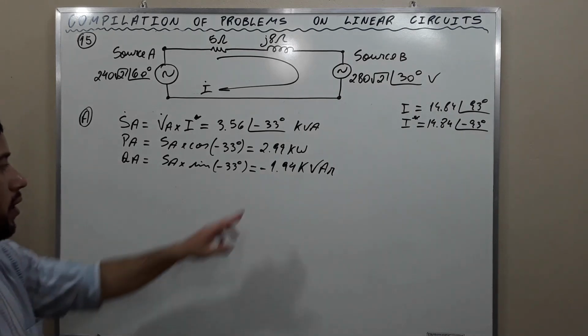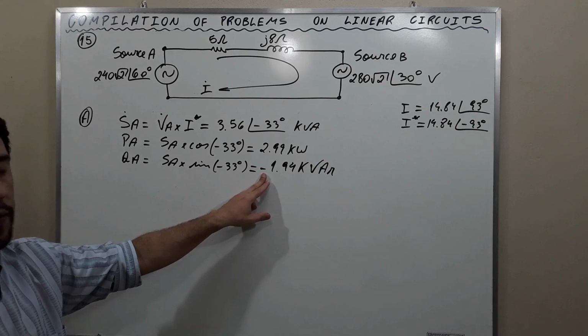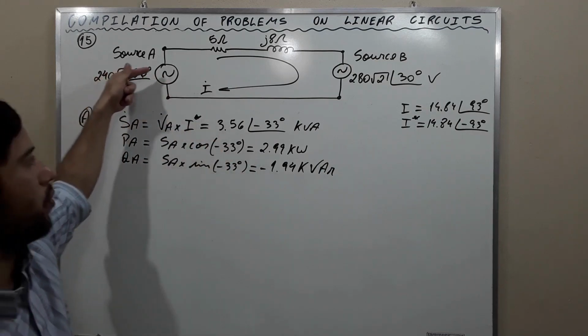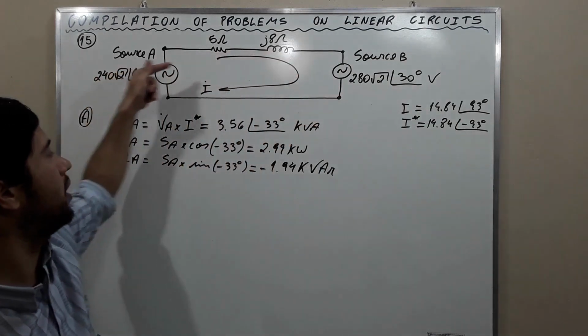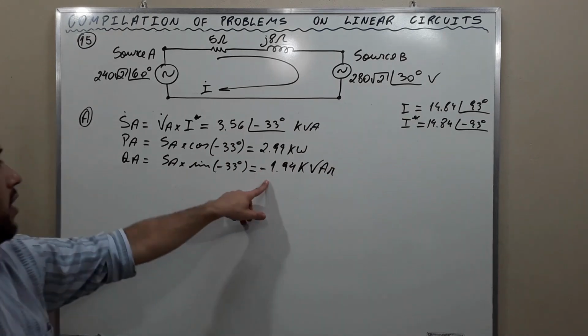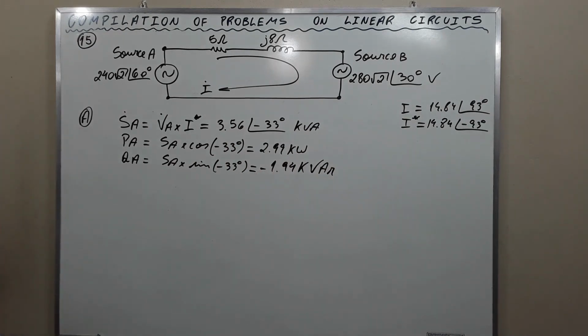Okay? This negative sign here, taking the reference of the current from source A to source B, means that source A is actually consuming reactive power.